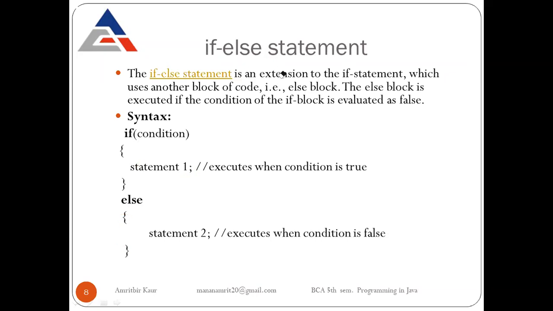So in this, whenever condition is true, then control will go in this block, means if statement block will be executed. But when our condition is false, then control will go to the else part and this block will be executed.